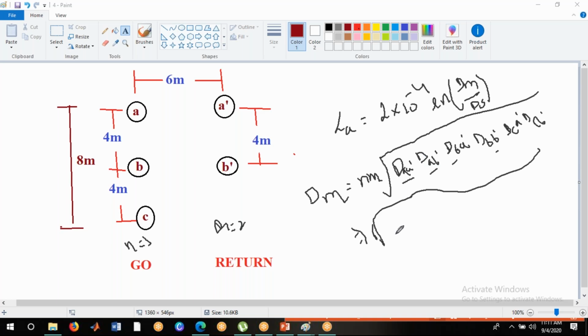Okay, now what is the value of DAA dash? What is the distance between A and A dash?